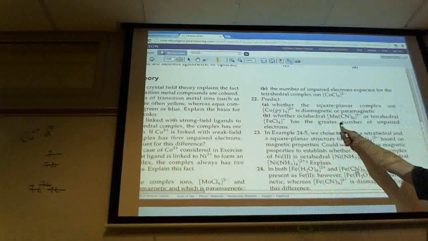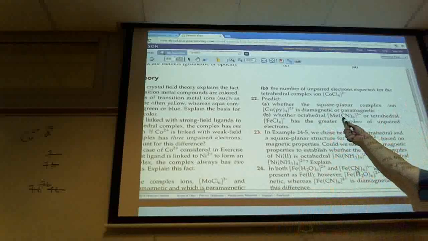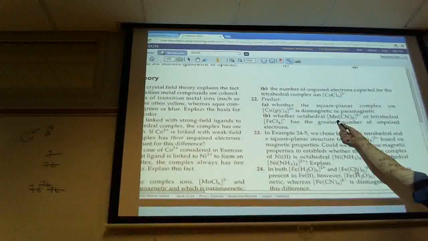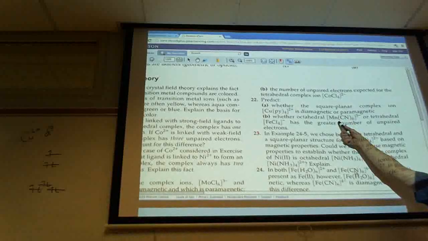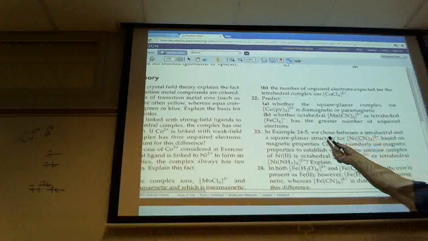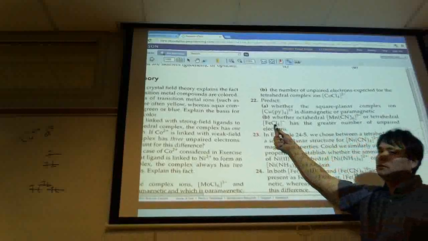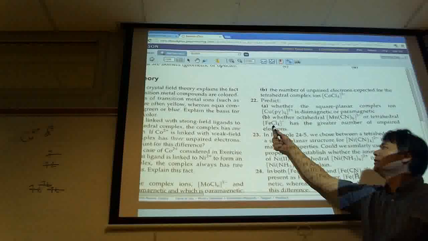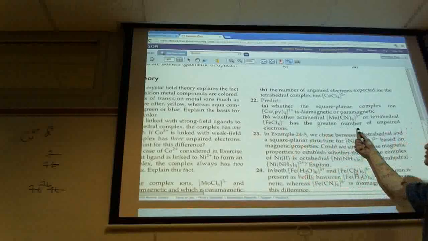B, whether octahedral tetracyano manganate 3 ion or tetrahedral tetrachloro ferrate 3 has the greater number of unpaired electrons.